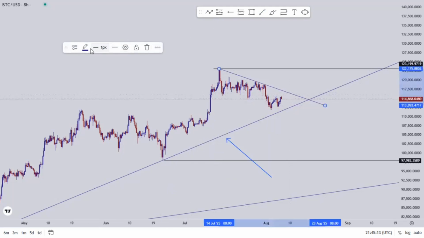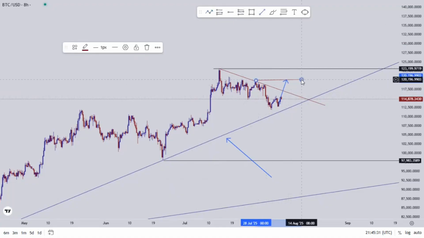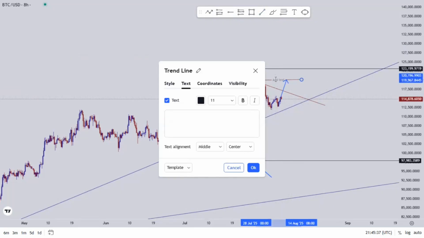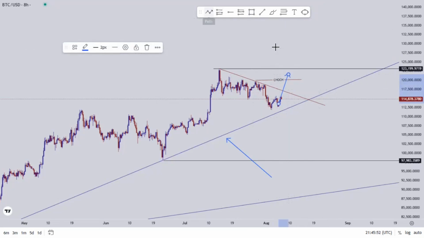So the daily time frame is telling us to buy, and the 8 hourly time frame is telling us to sell. Either you wait for a break of this trend line along with a change of character exactly above this level, or you wait for a break of this trend line.